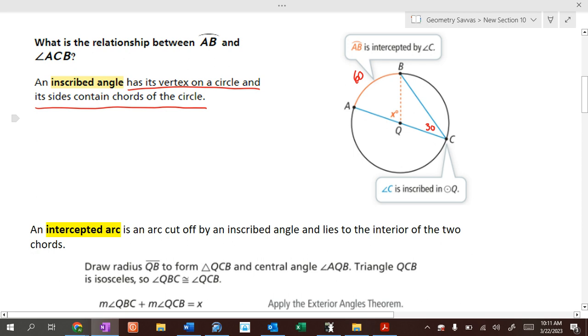What's the definition of chord? That was from last time, from Monday. A chord is a segment whose endpoints are on the circle.